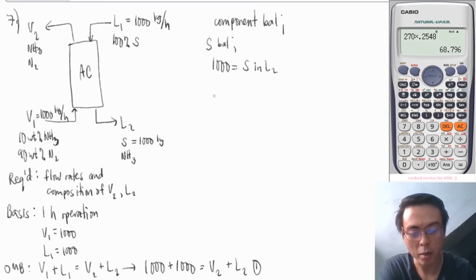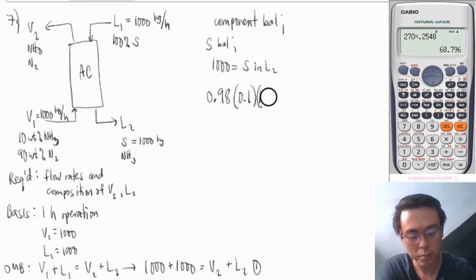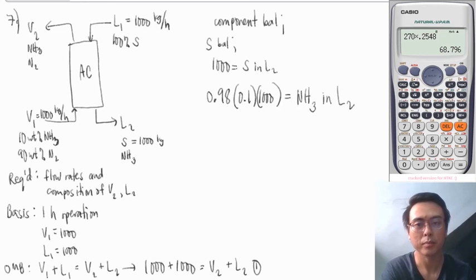So in a mathematical equation, the 98% of the 10% of 1000 will be the amount of ammonia that is transferred in L2.